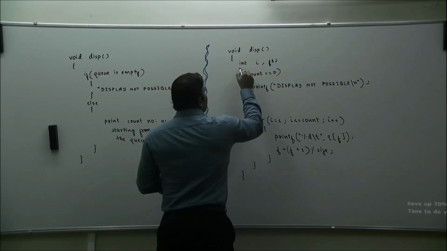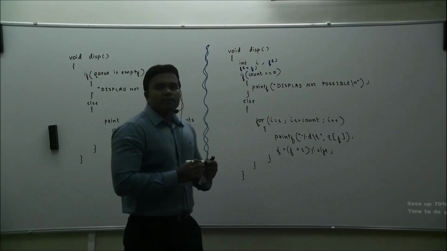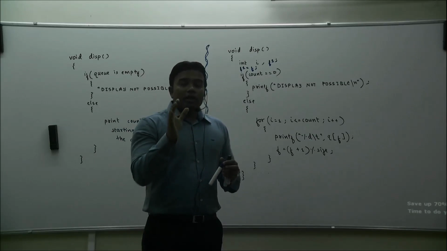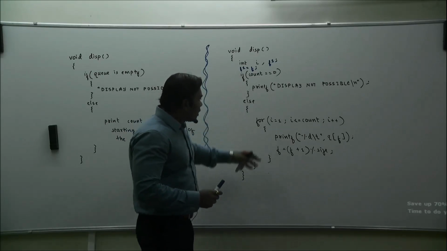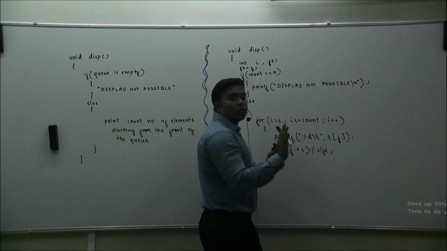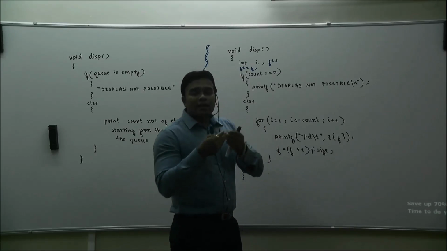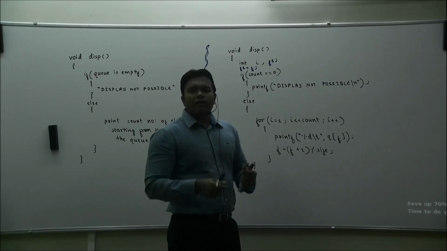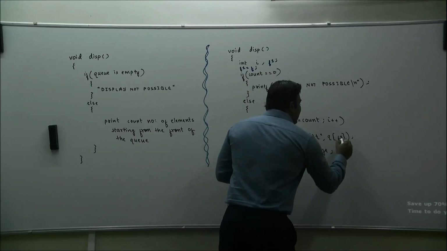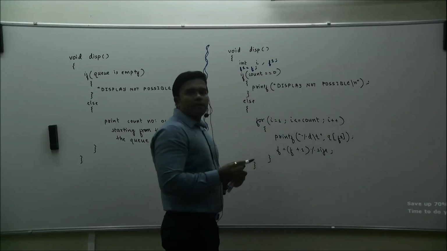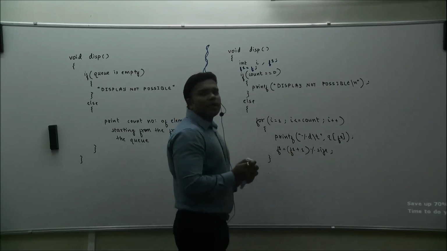I will initialize F1 to F. So the initial value of F1 is the same as F. So later in your program, wherever you have told F, don't use F. I told you don't modify F. But always you can take the value of F in F1 and you can modify F1. You can use F1 for display purpose. So here I can tell F1, after all its value is F only, initial value. Here also, while incrementing, I will not increment F, rather I would be incrementing F1.